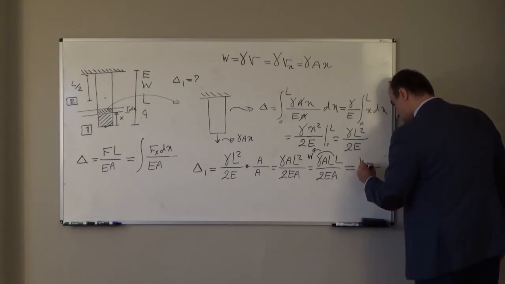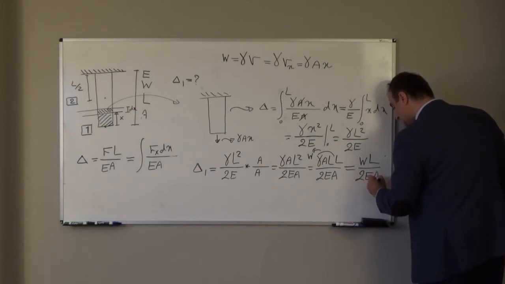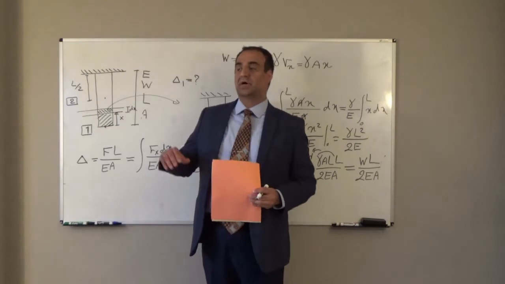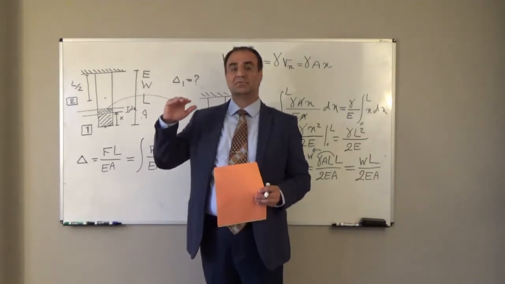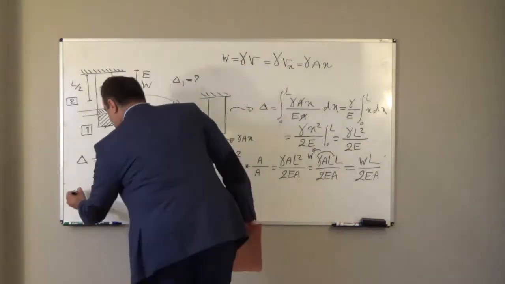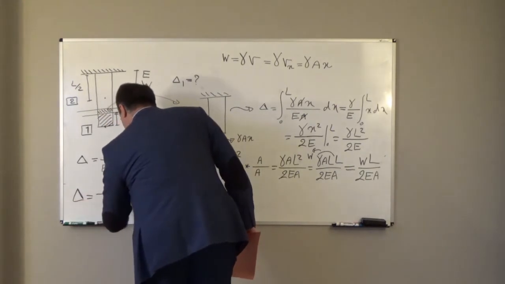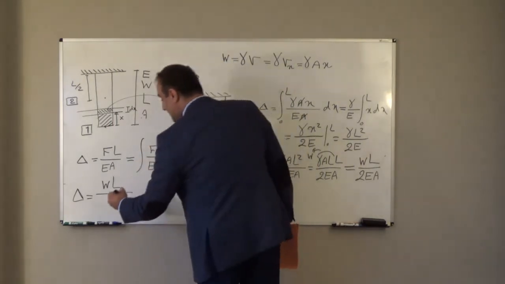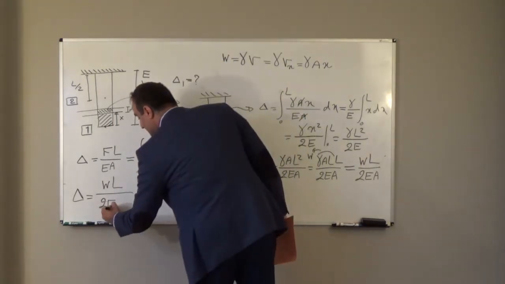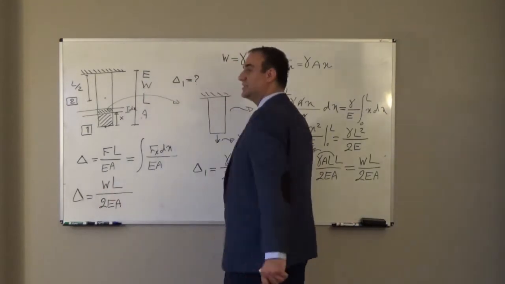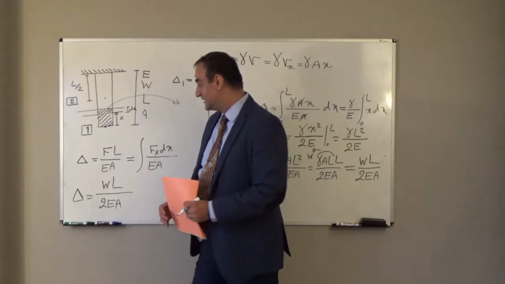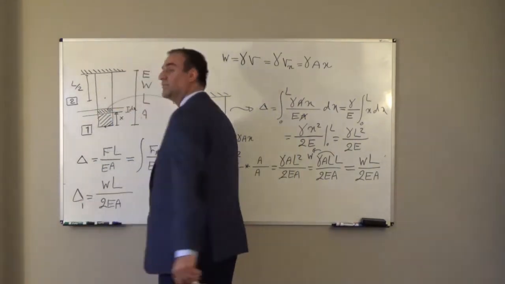So I can write total weight times L over 2EA. So the deformation of the rod, if that rod is hanging under only self weight, will be equal to the entire weight W times the initial length L over 2EA. And pay attention, the cross-sectional area is constant in this rod. So this will be the deformation for point 1.